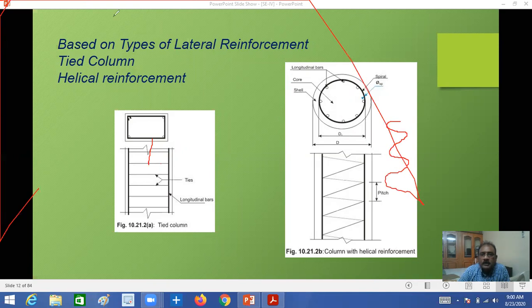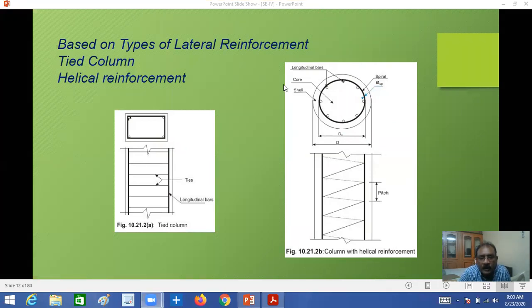So these are the different types of columns based on lateral reinforcement. This is a tied column, and this is a helical reinforcement column.